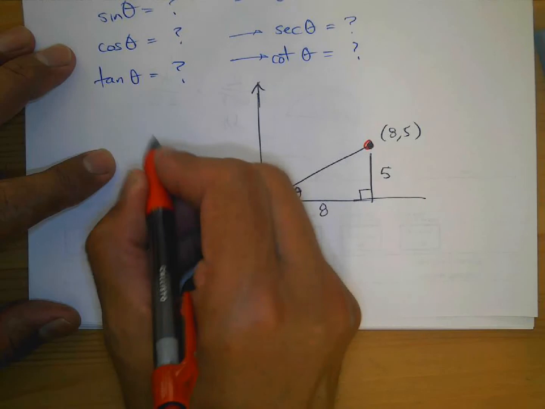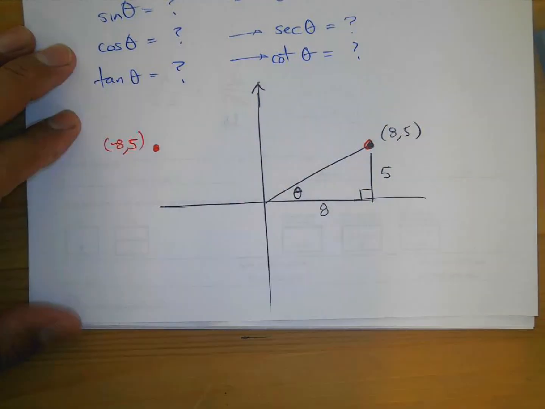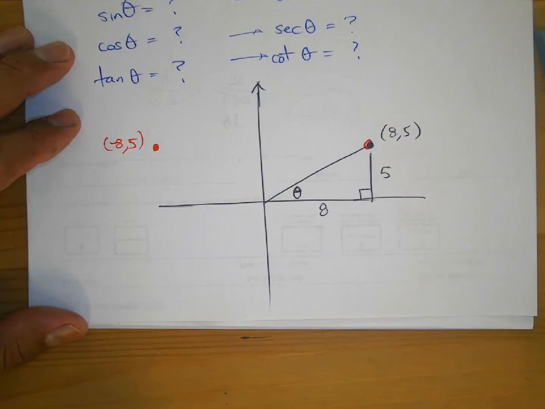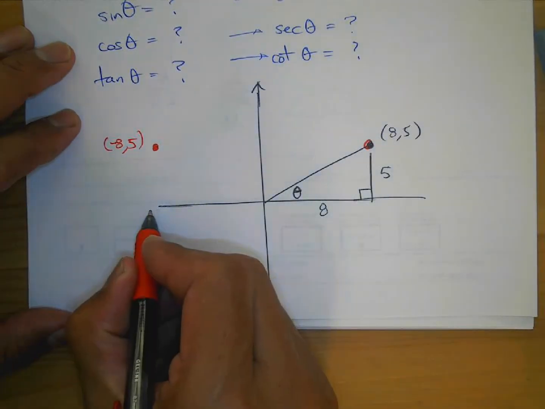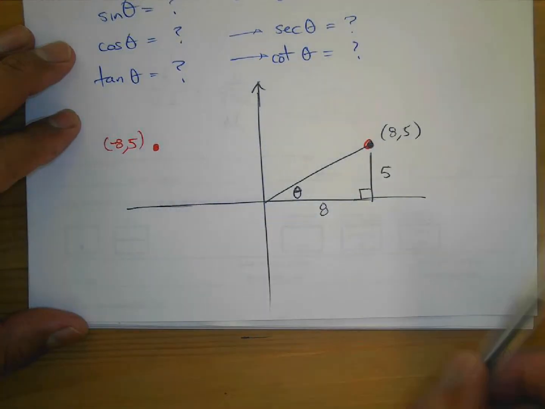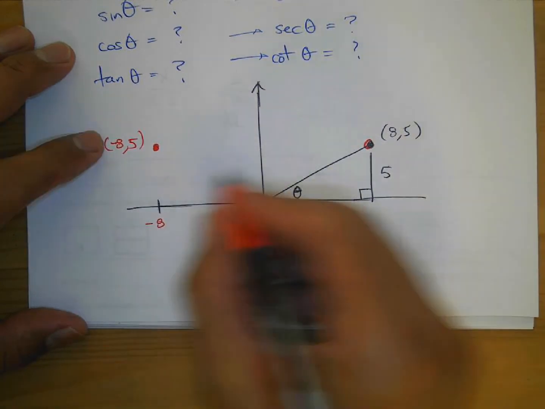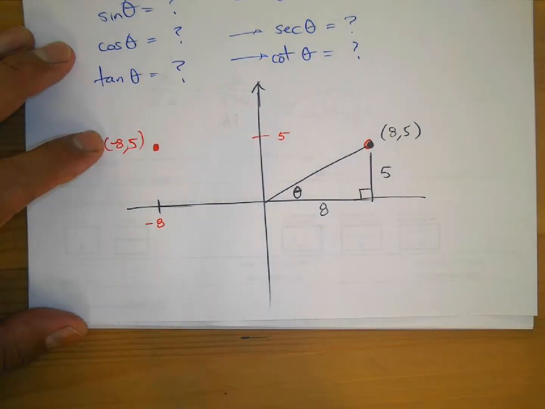But what I was going to tell you is, if I go over here and I tell you negative 8, 5, now I'm going to go this way 8, but it's on this side in quadrant 2. Your x coordinate is negative. And this is still 5.